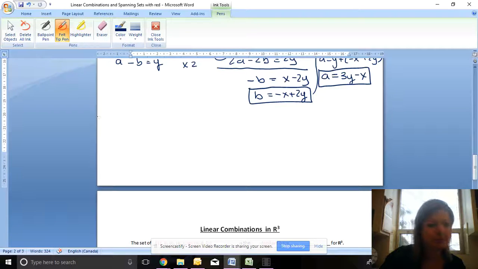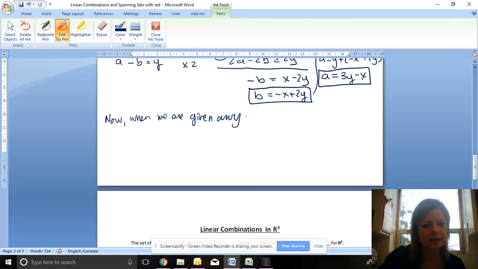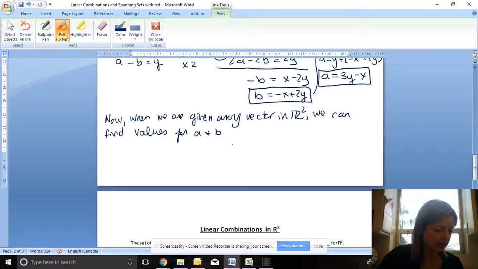So let's summarize that. So now, when we are given any vector in R2, we can find values for a and b using the x and y coordinates.